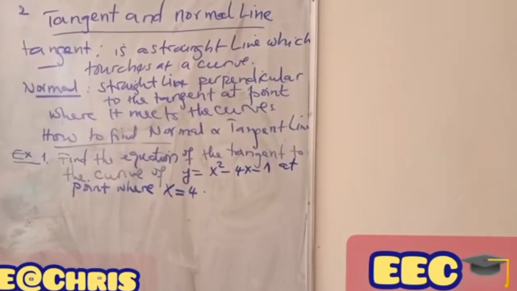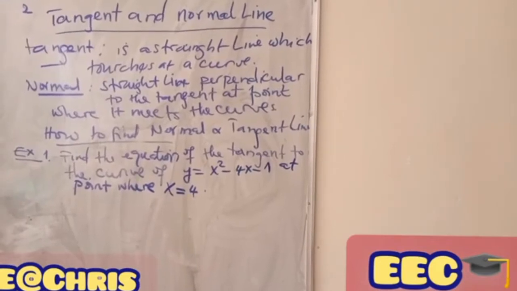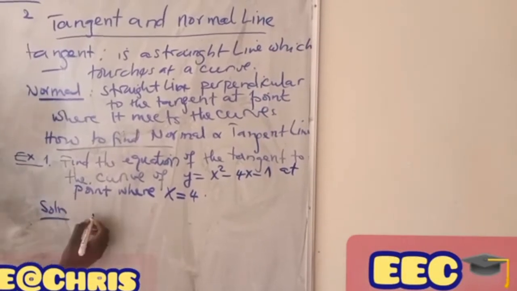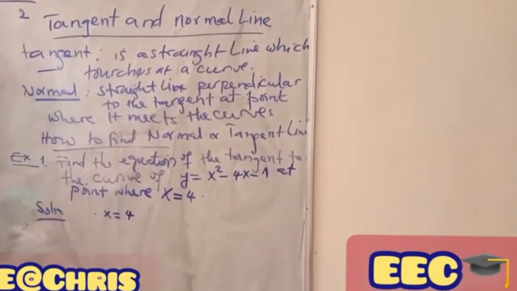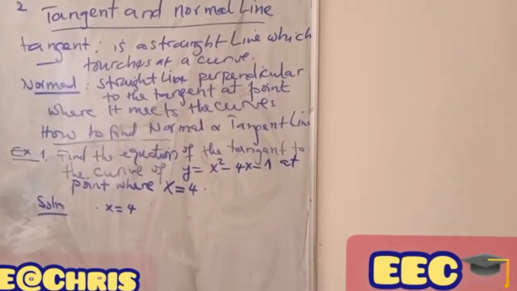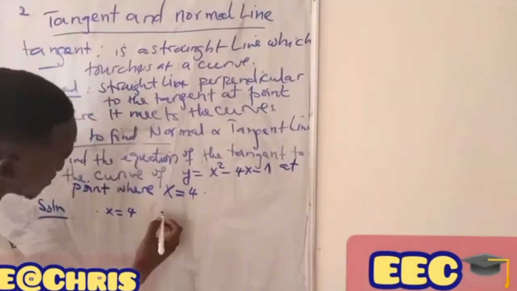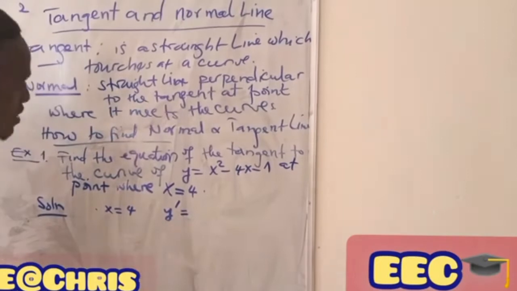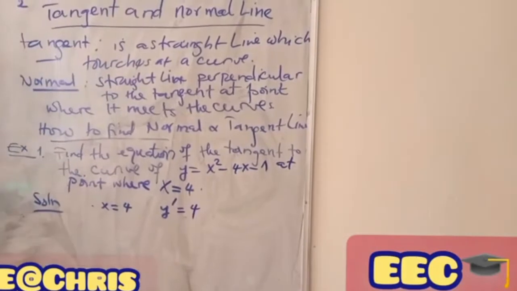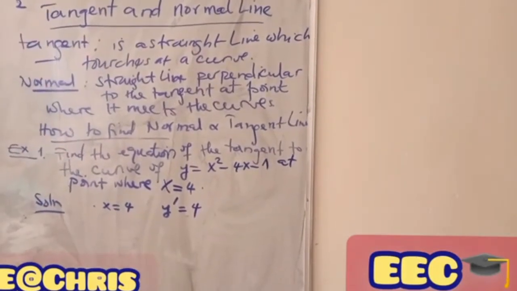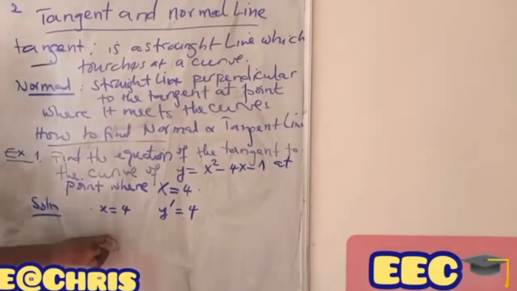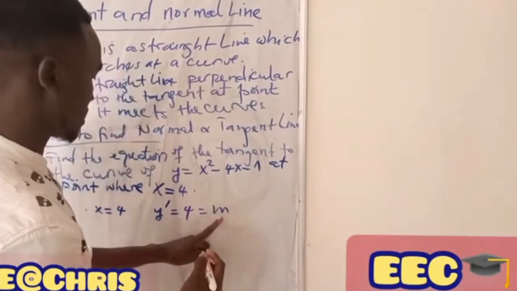Here we have to think about this formula. We have x equal to 4, and we take the derivative of y. The gradient of y at x equal to 4 is m, where m stands for gradient.